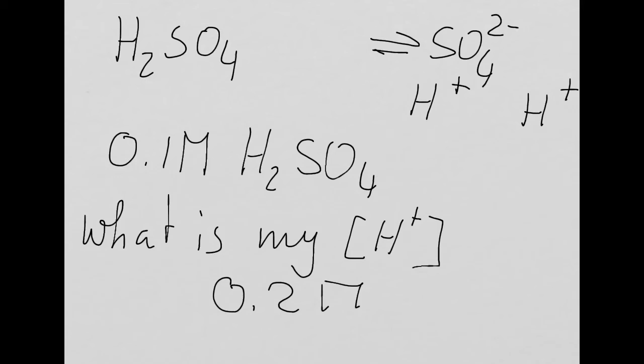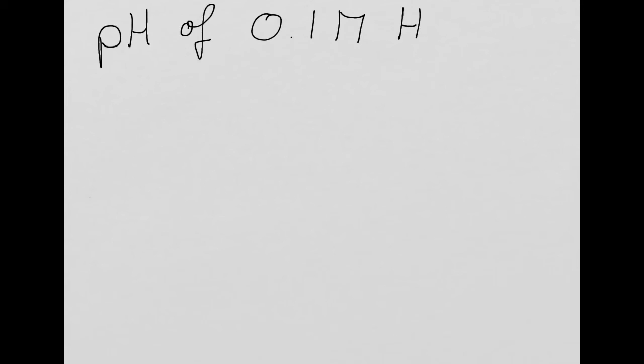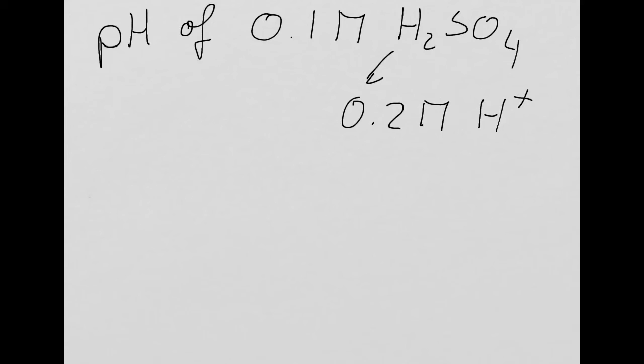And now, if I ask you, calculate the pH of a 0.1 molar sulfuric acid solution. I need to remember that for each 0.1 molar sulfuric acid, I get actually 0.2 molar protons.